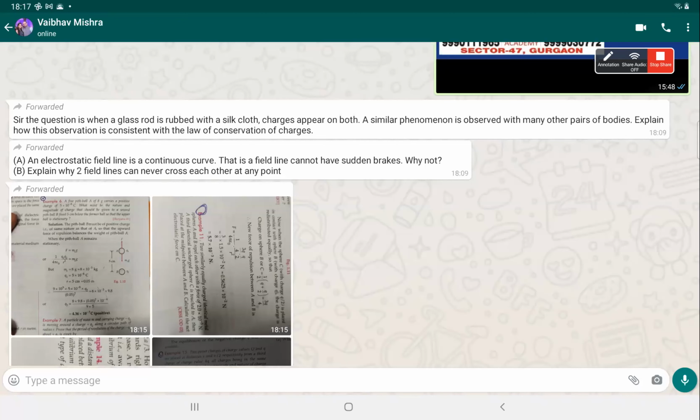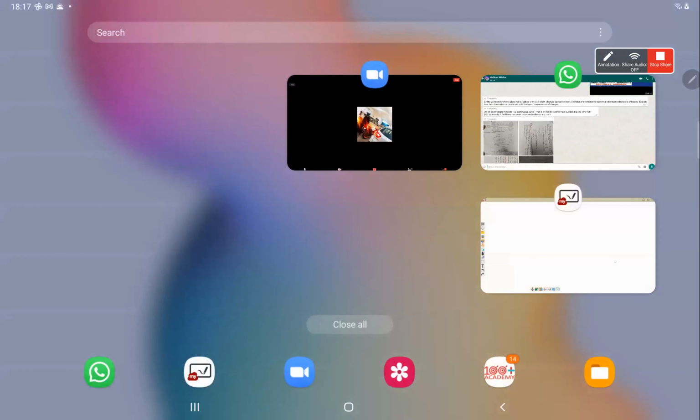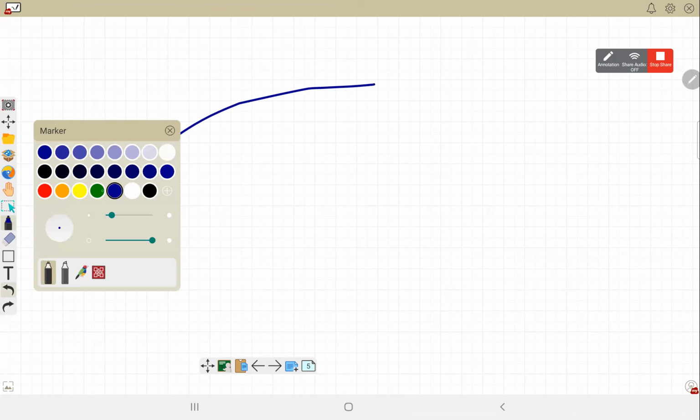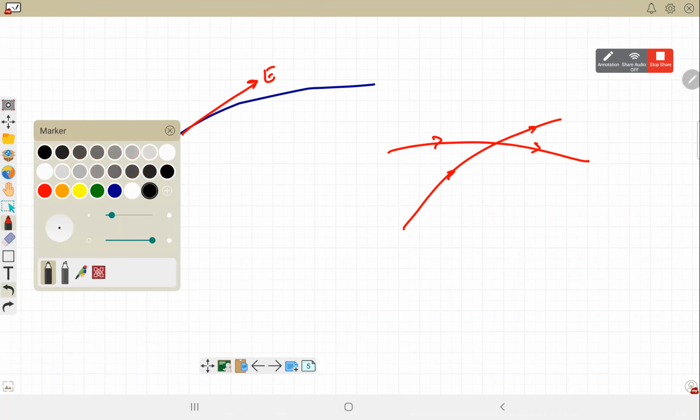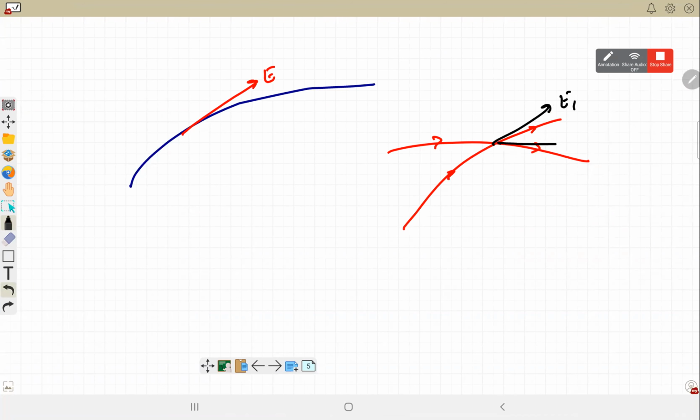The direction of the electric field is always along the tangent. The tangent to the electric field line gives the direction of the electric field at that point. If two electric field lines cross or intersect, that means at one single point there are two different directions of electric field, which is not possible. Right? Mr. Bharat, revise your notes carefully.